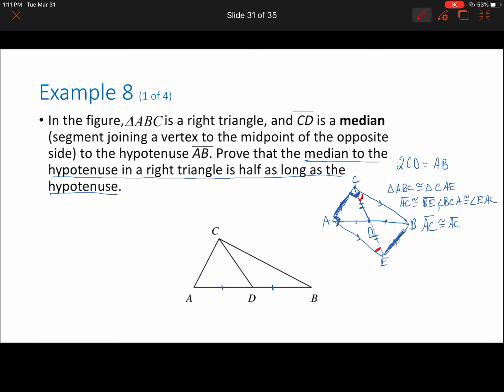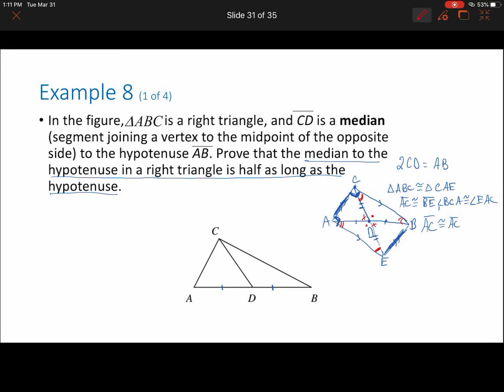And so the fact that we know we have a parallelogram, we know that we can find all the angle measurements within this triangle. And so we could show that, let me mark it with a different color here.